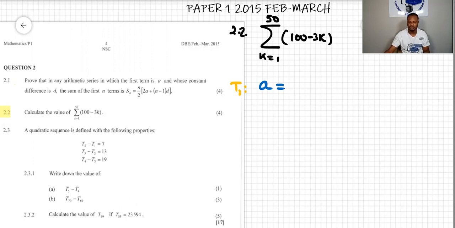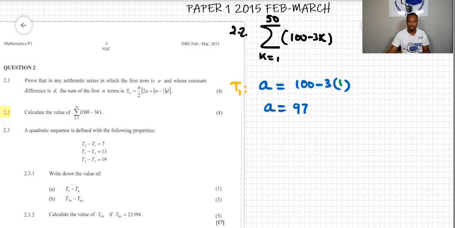So A will be equal to 100 minus 3k, but k is 1 now because A is the first term. So we sub in 1, and we get the value of A, which is equal to 97.